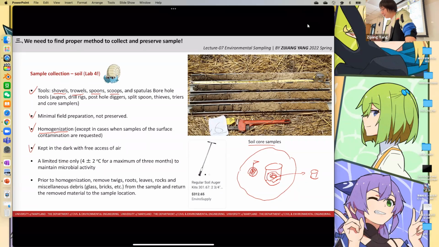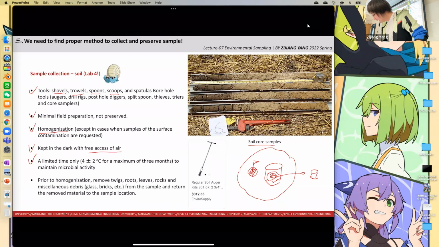We usually keep the soil in the dark with free access to air, and we usually analyze the soil sample within a limited amount of time, especially if we are interested in microbial activities.